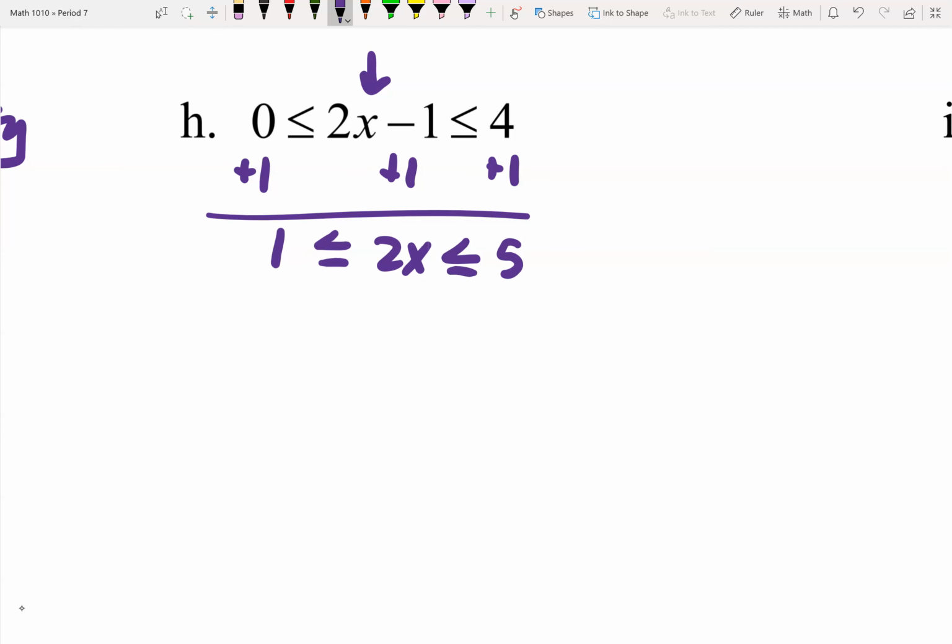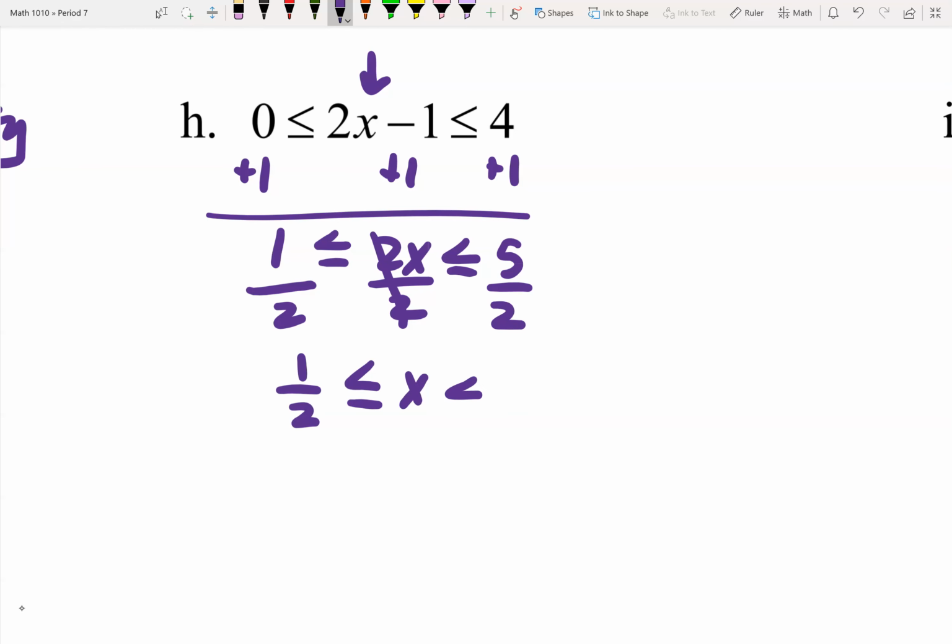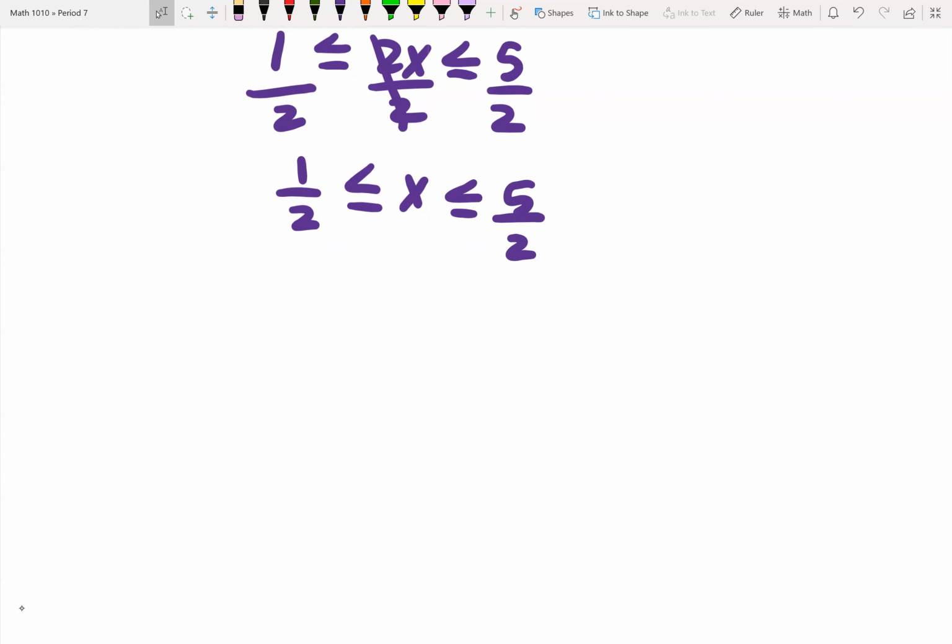In the center, I just want an x. Tell me what to do. Divide by 2. And now, did I divide by a negative? No. So everybody go 1/2 is less than or equal to x is less than or equal to 5/2. Do 1/2 or 5/2 reduce? Tell me that.